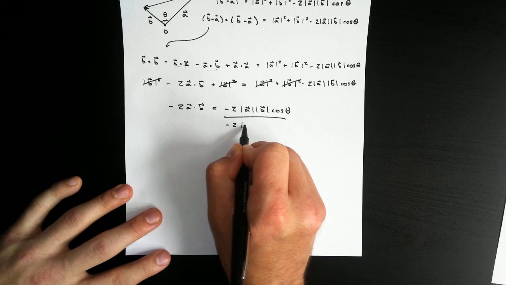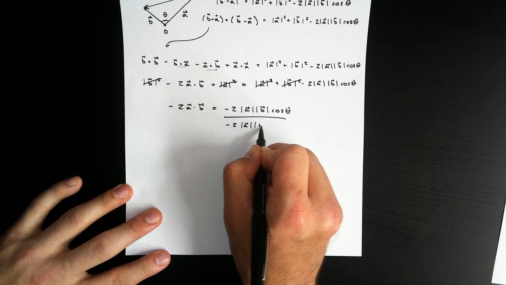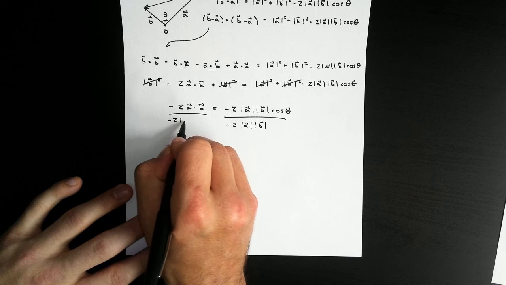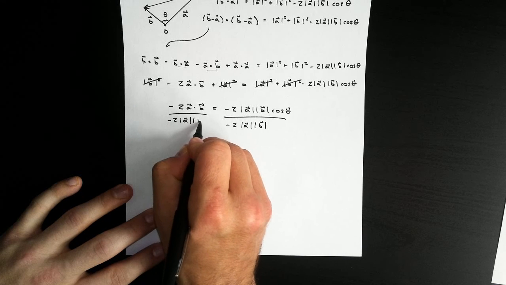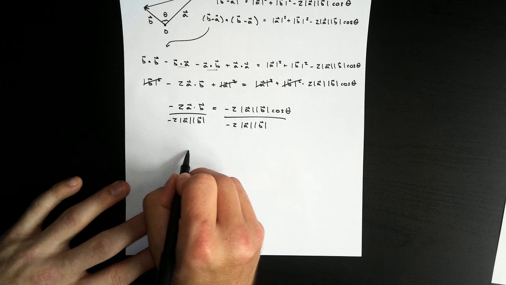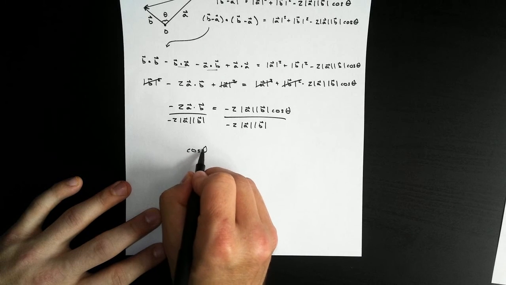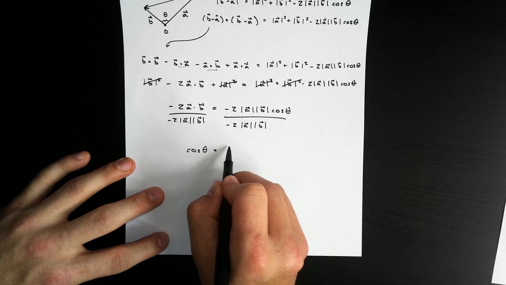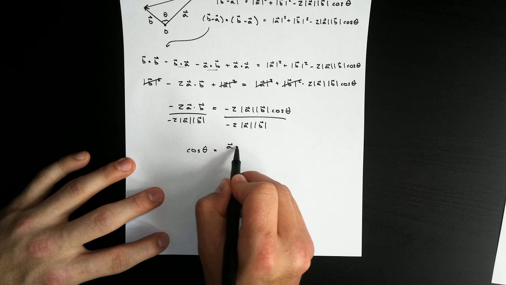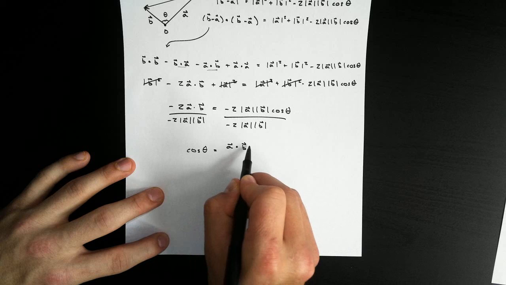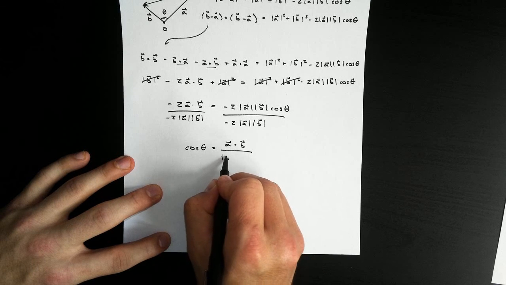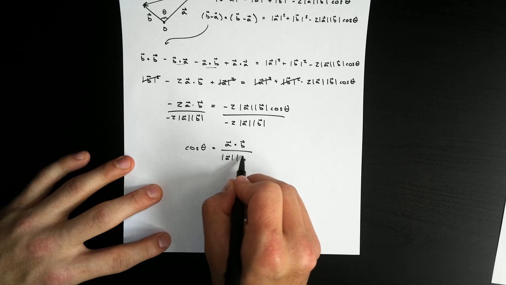So let's divide everything by negative 2 and then our magnitudes. What we end up with is the cosine of theta is equal to the dot product of a and b, that's where we use that, divided by the two magnitudes.